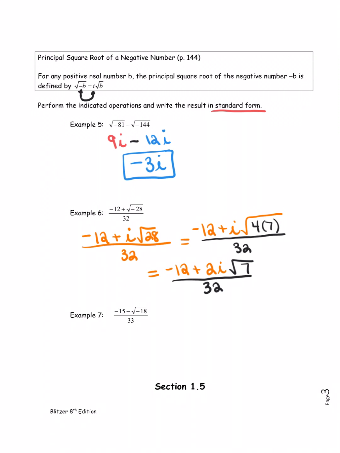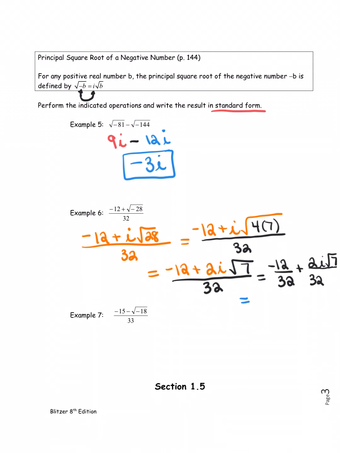And we could rewrite this again and simplify it, putting both of them under 32. So we have negative 12 over 32 plus 2 over 32, and then we'll leave the i square root of 7 part alone. So cleaning this up, we're going to divide by 4.